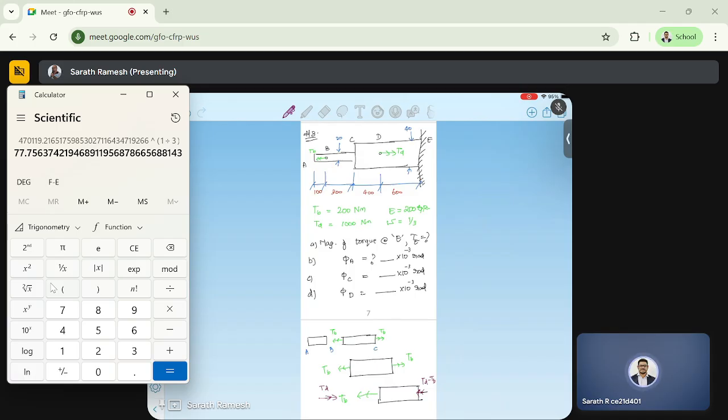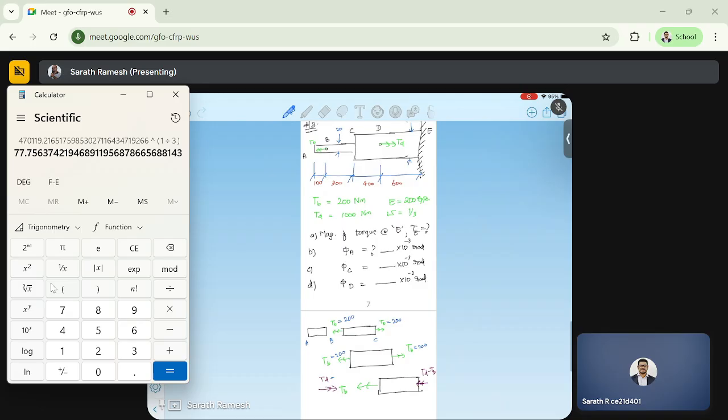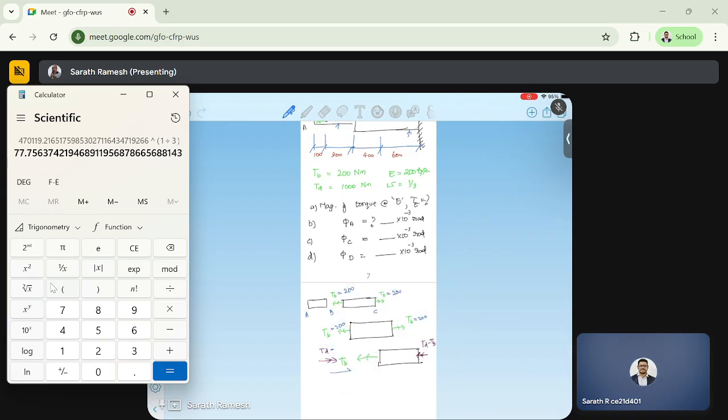Now, if we substitute the values, this is 200 and this is 1000. So it will be 1000 in this direction and 200 in this direction. So the net will be 1000 minus 200, which is 800. And here similarly, this is 800.